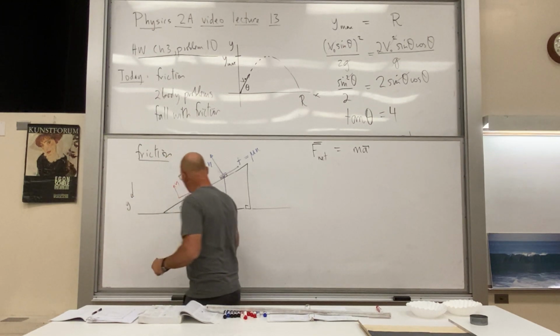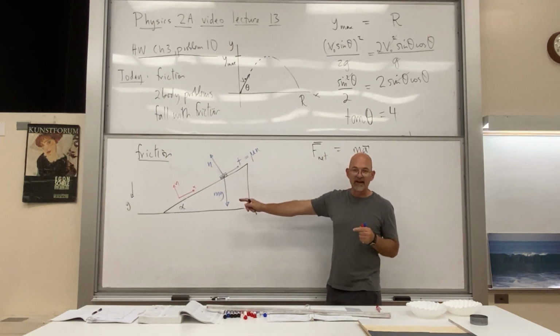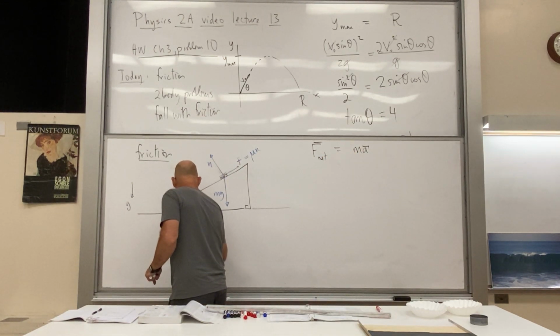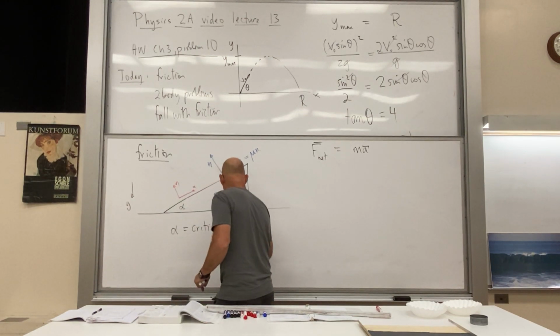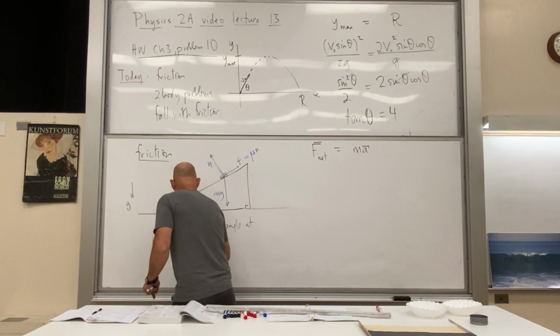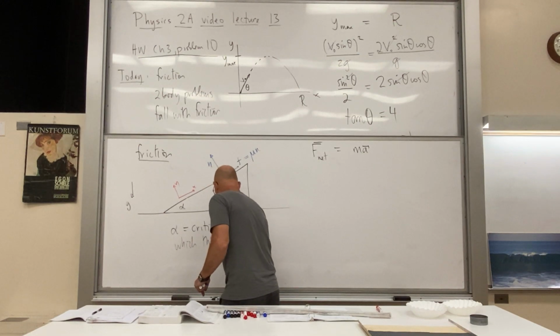We're looking at the critical angle at which this thing just begins to slide. So alpha equals a critical angle at which the mass begins to slide.